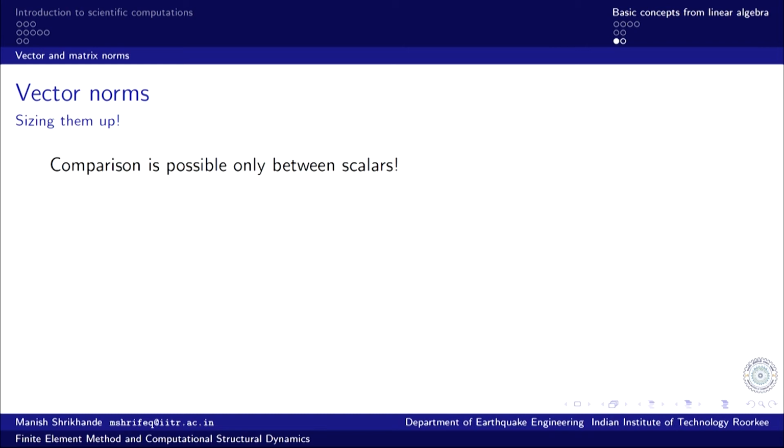The moment we are talking of approximate solution, we are talking of errors. So, we need to find out how to minimize the errors, or when the error is small enough. Now, small or large can only be discussed between two scalars, two numbers. Comparison is possible only between two scalars.